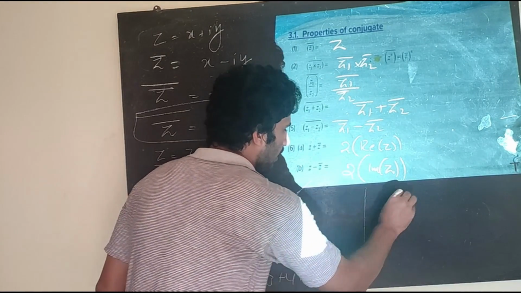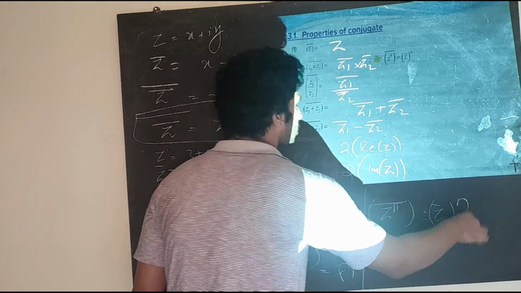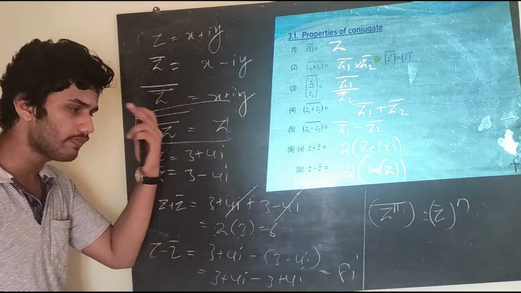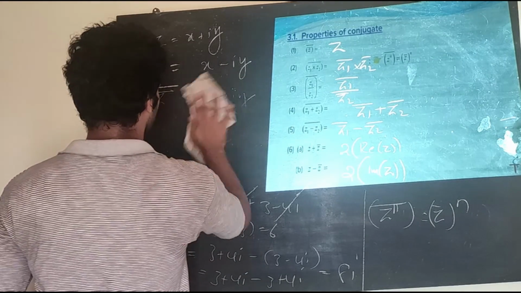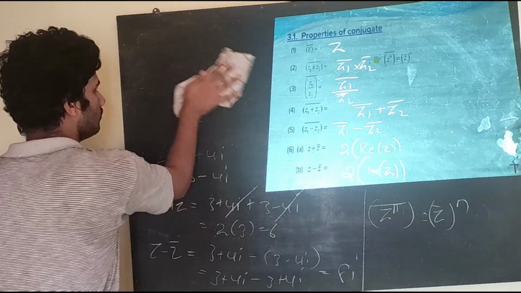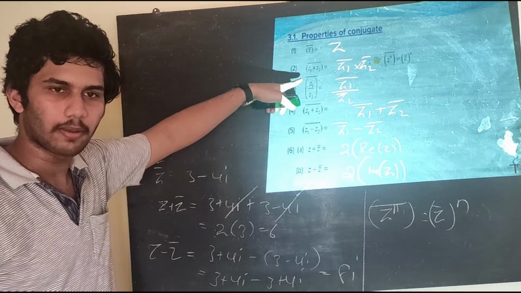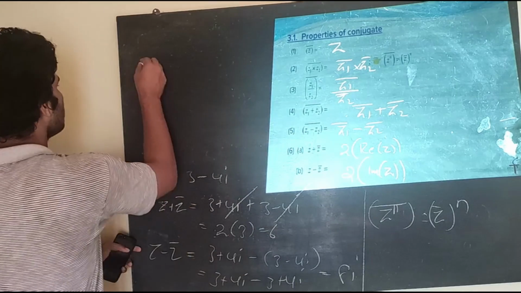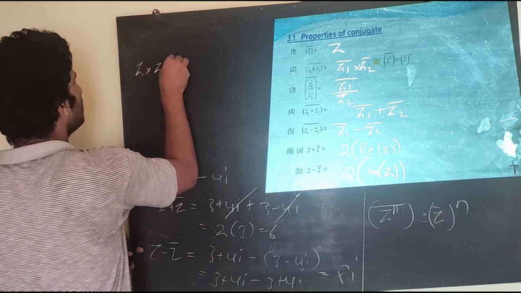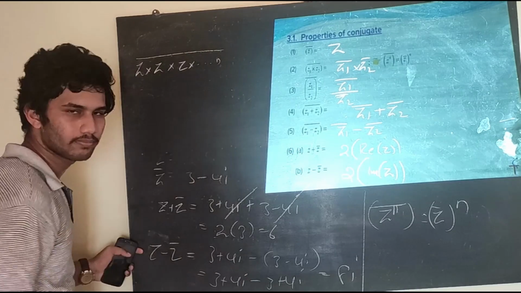z to the power n whole bar will give me z bar the whole raised to n. It's actually very simple. Let me explain that to you. I said this gets split up, z1 into z2 bar. So z raised to n means z into z into z, and so on, up to n times, the whole bar.